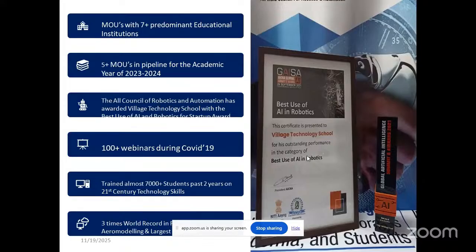These are all achievements in industry use of artificial intelligence and robotics. Almost 24 colleges have signed MOUs.